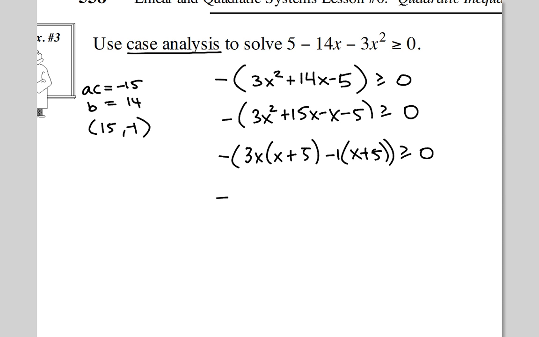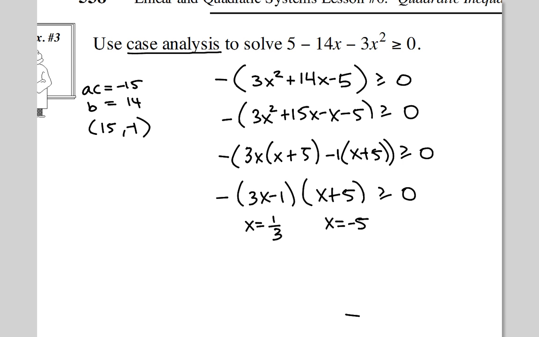The two factors will be a 3x minus 1 and a x plus 5. So just a review of factoring, nothing spectacular there. Factoring gives us our x-intercepts. X being a third, x being -5. And I'll slow down at this point.